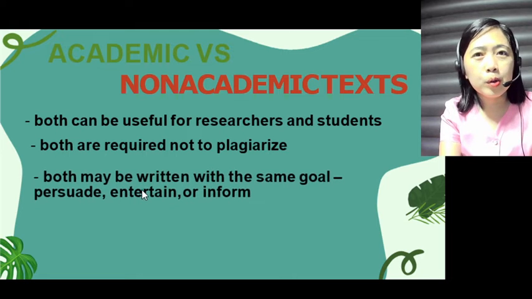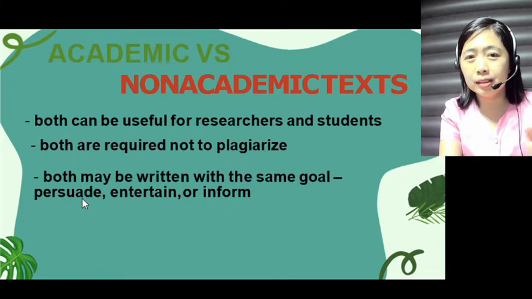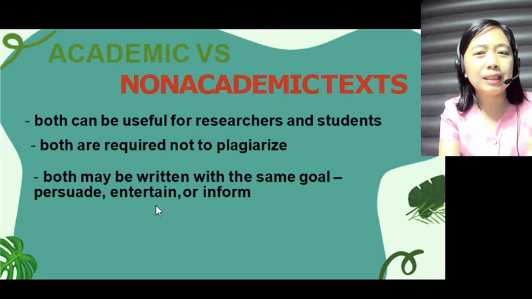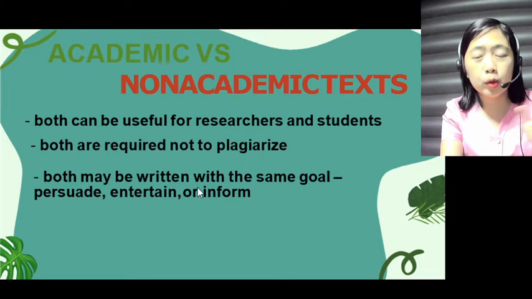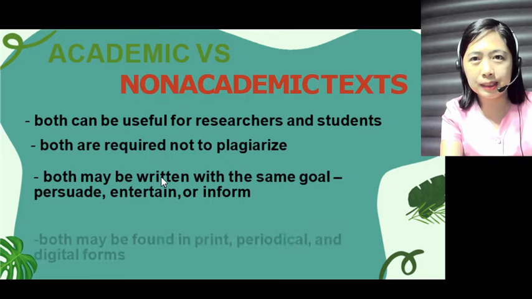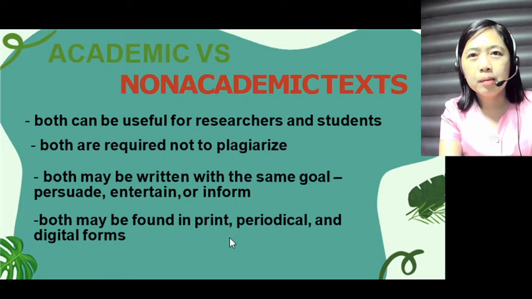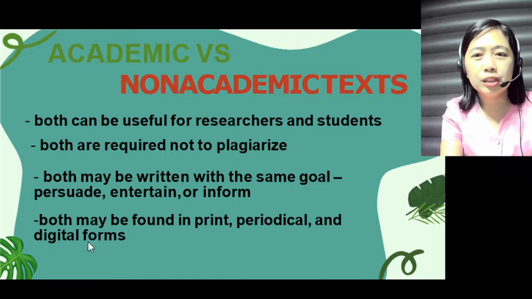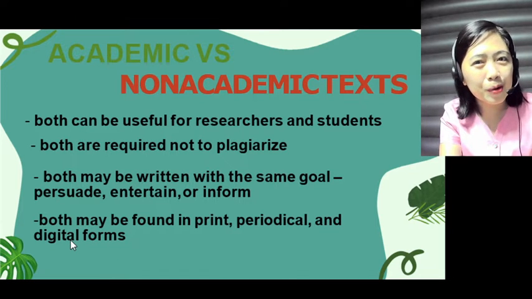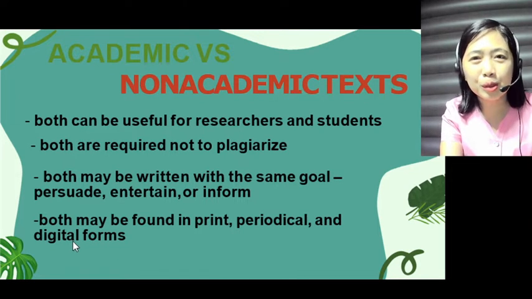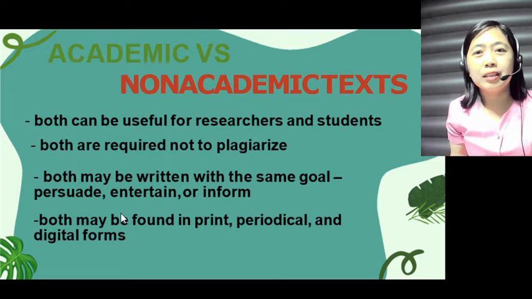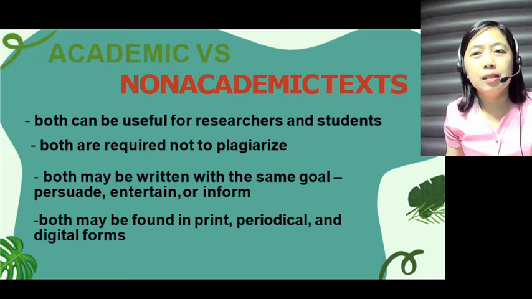Both may be written with the same goal or purposes: to persuade, to entertain, or to inform. Both may be found in print, periodical, and digital forms. Digital forms, so this is the new normal in education. So these are their similarities for academic and non-academic.